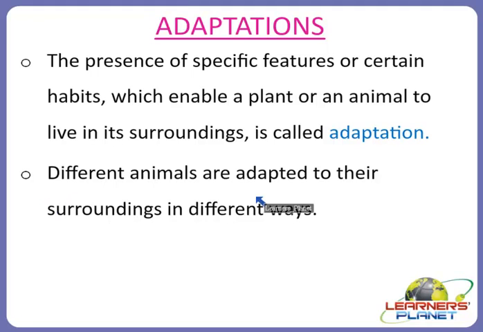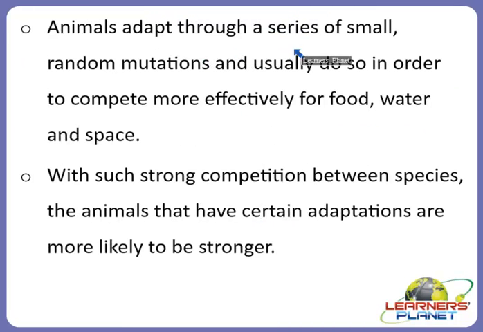Different animals are adapted to their surroundings in different ways. Animals adapt through a series of small random mutations, and they usually do so in order to compete more effectively for food, shelter, space and water.